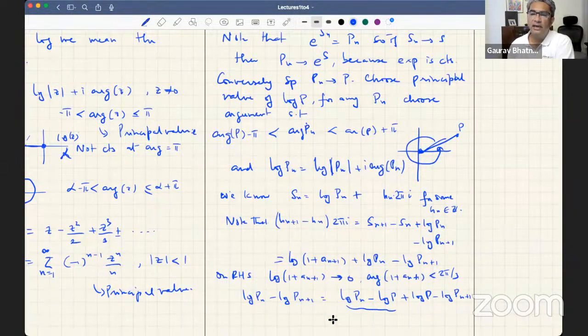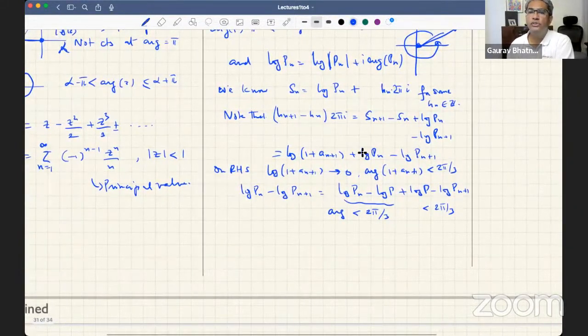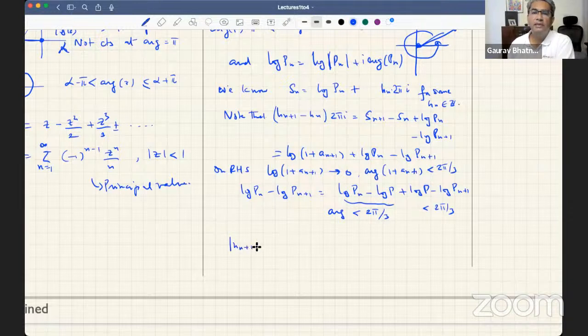So again, this argument is less than 2 pi by 3, I mean less than any arbitrarily small number. So we can see that the absolute value of h_{n+1} minus h_n into 2 pi is less than 2 pi, or h_{n+1} minus h_n is less than 1.